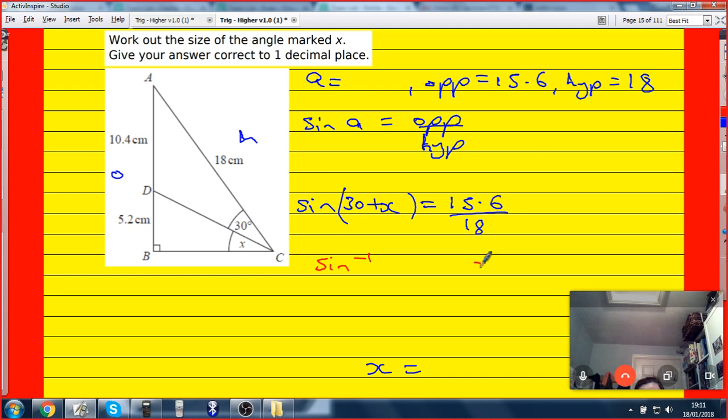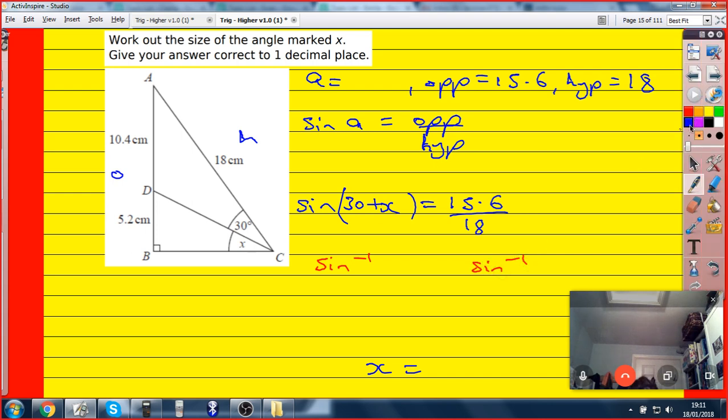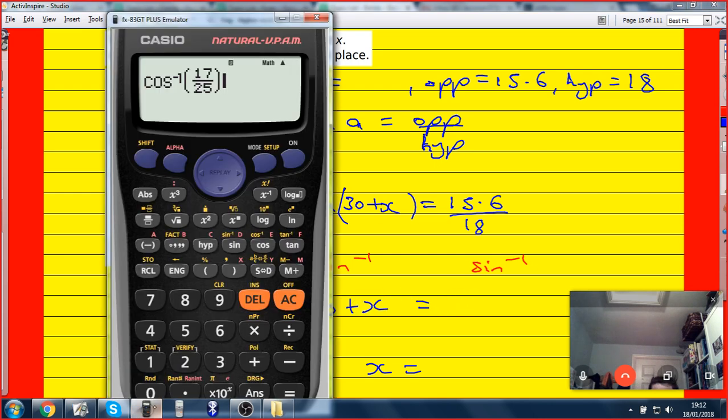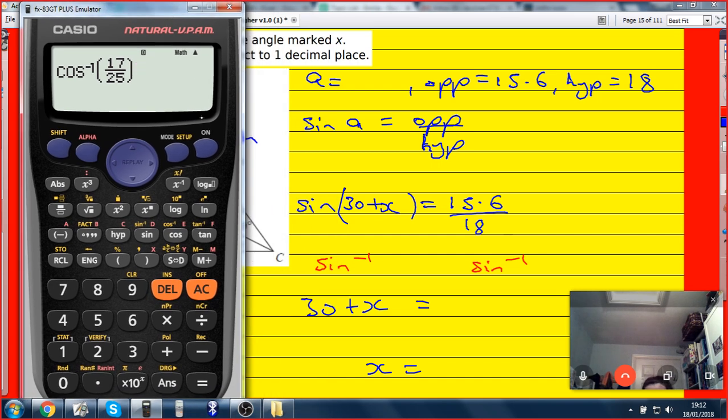Correct. And so that gets rid of sine, so you're left with just what on the left side? 30 plus X. And so on the right side, what is going into the calculator? 15.6 over 18. But we did shift sine to both sides.